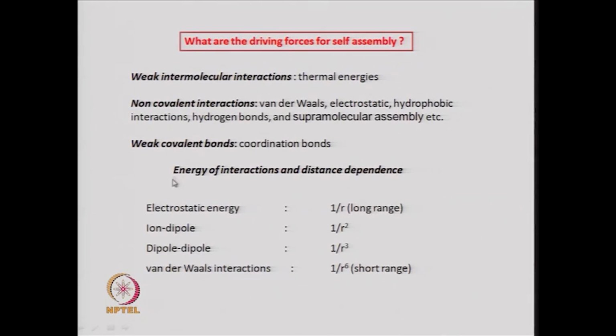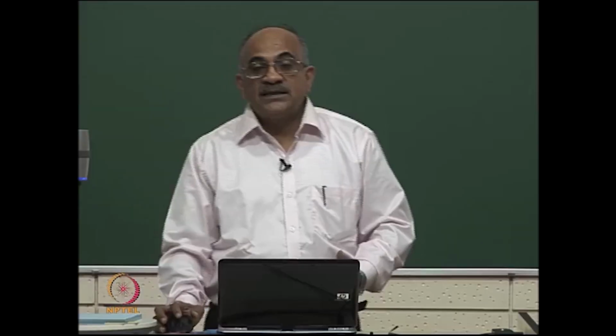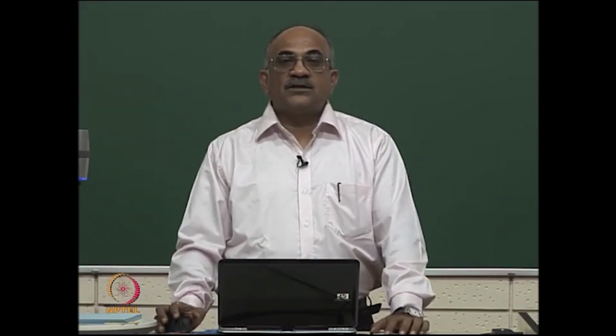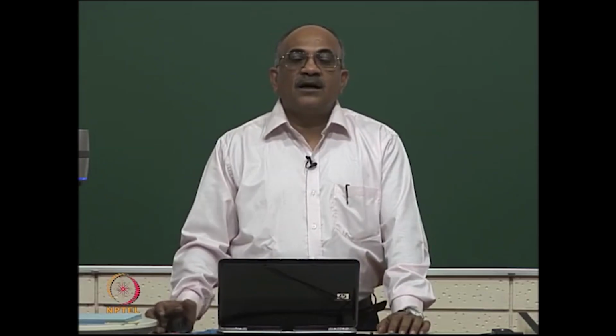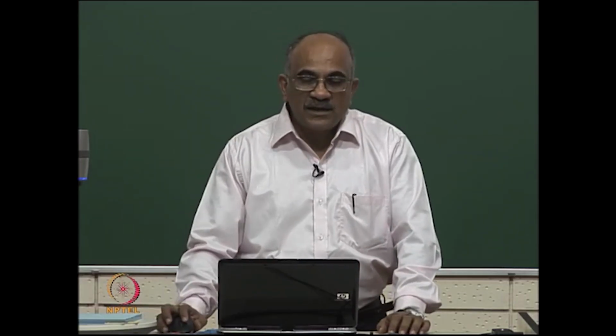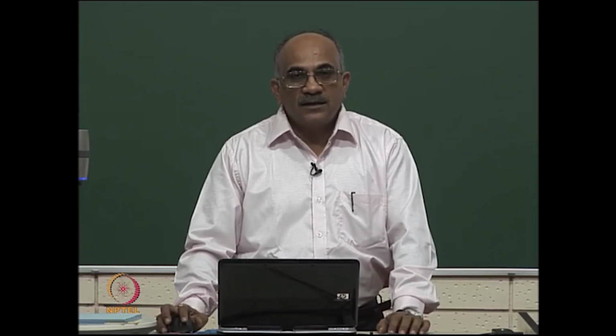These different types of bonds or interactions have some energy associated with them. So, it is always better to have an idea of the energy involved with each kind of specific interaction.